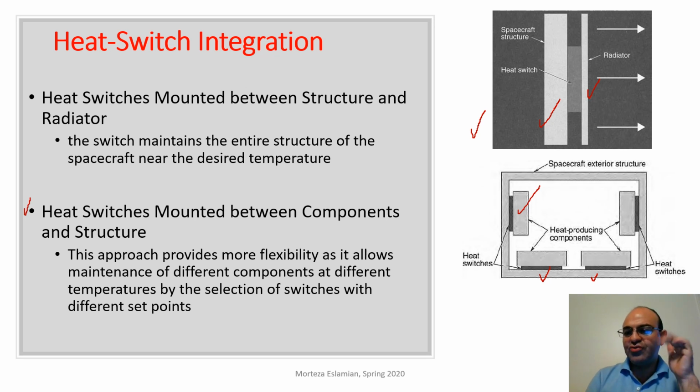Each switch can have a different set point because the electronics may not have the same allowable temperature range. So the second option is for component level thermal control, and it gives the flexibility of using different set points.